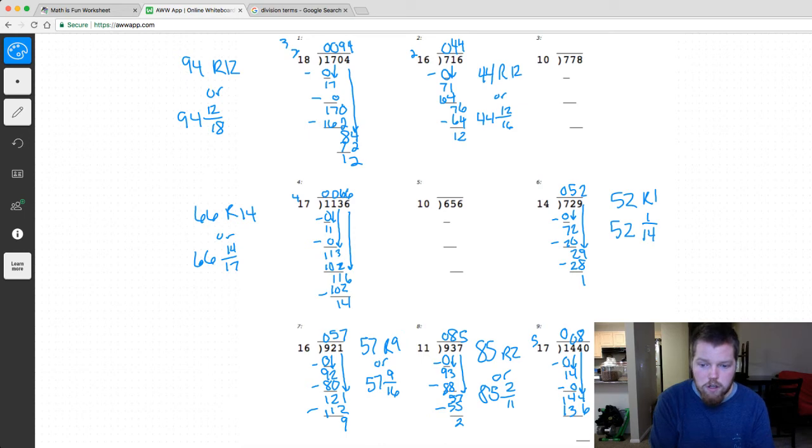Subtract, we'll get 80. 4. 4 times 7 is 28. 4 times 1 is 4, plus 2 is 6, and that would be 12. So our answer would be 84, remainder 12, or 84 and 12/17.